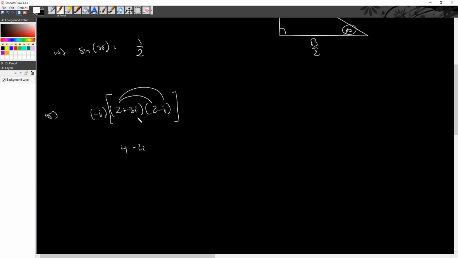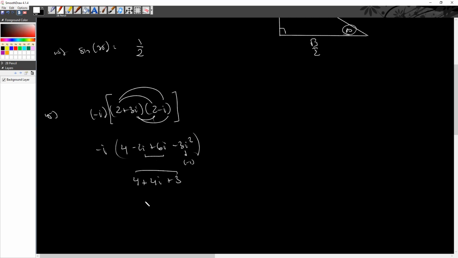minus 2i plus 6i, and then minus 3i squared. So you see how one of the i's is going to go away because we have an i squared there? And you just can't forget that there's a negative i hanging on the outside here. So that's going to become 4i positive with a 4 here, and that's going to become a plus 3 because i squared is -1.